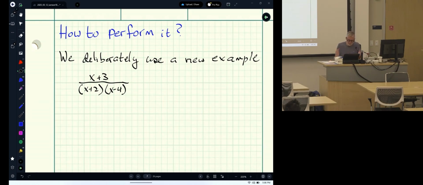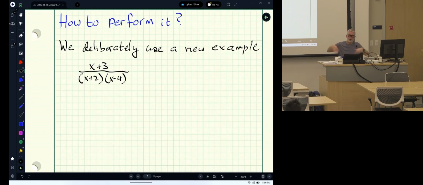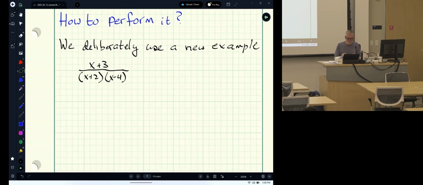So really the reason I'm doing this is that it gives us some practice for when we start solving linear differential equations using something called the Laplace transform. And the superpower of the Laplace transform is it turns linear differential equations into algebraic expressions.